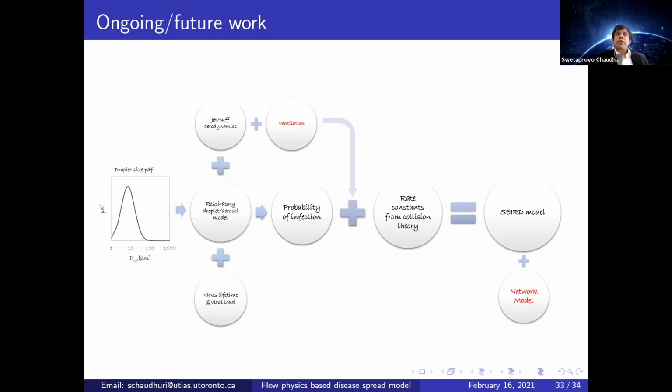Given certain inputs that can be available from different databases, we can obtain the R0C for specific, different indoor conditions. And from that, we can either generate a distribution, or we can plug this into a mobility network model, and we can basically use this towards a practical disease spread model.